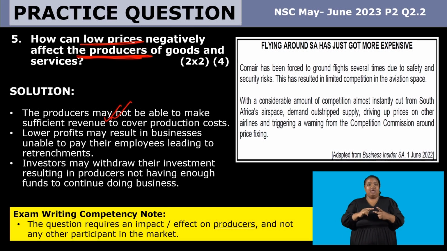Number 2, lower profits may result in the businesses being unable to pay their employees, leading to retrenchments. And lastly, investors may withdraw their investment, resulting in producers not having enough funds to continue doing business.